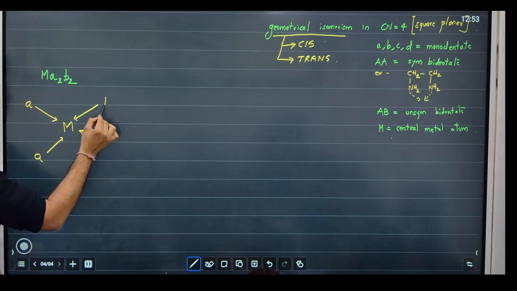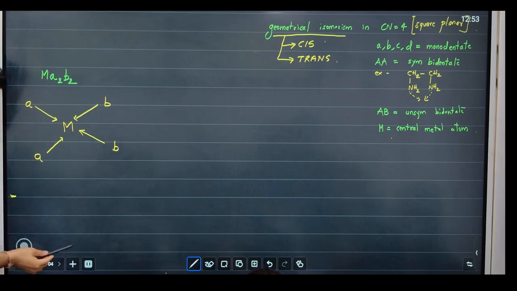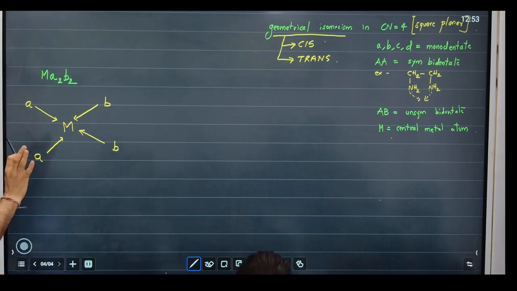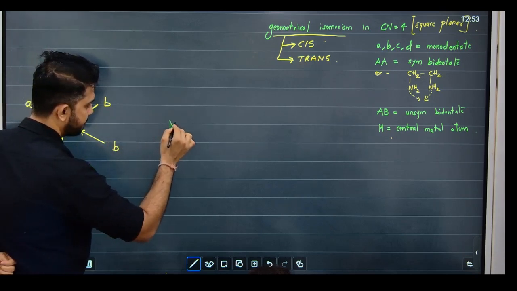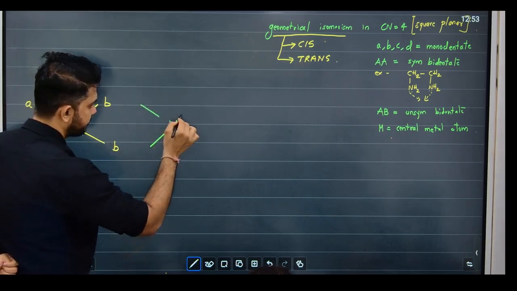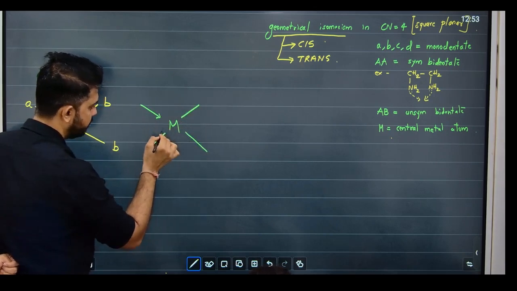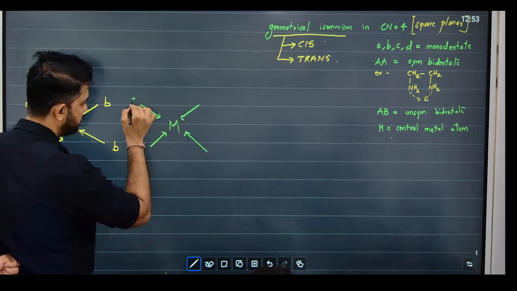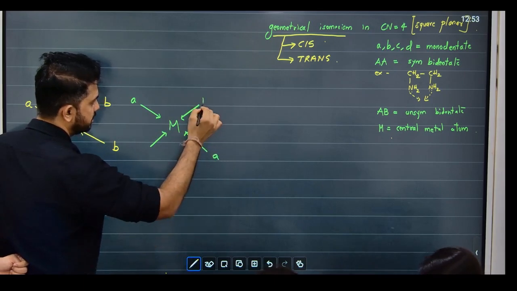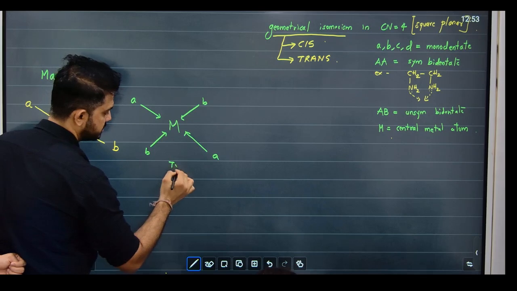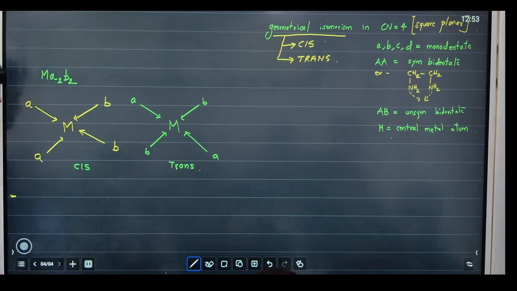A B B. Now there are two ways to understand this. A on the same side, we call it as cis. A को बना दो here, the other over here. This will become trans. Or the other way to look at this is, what is the angle between A over here? 90 degrees.